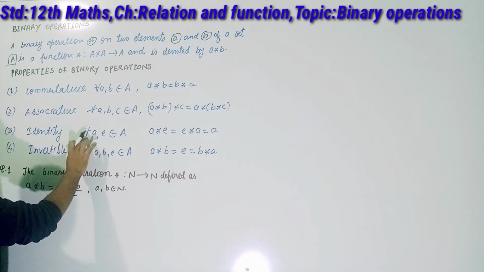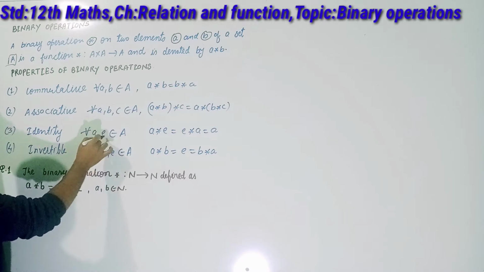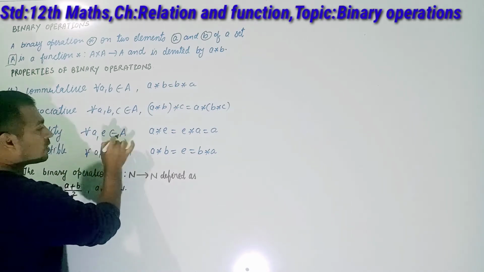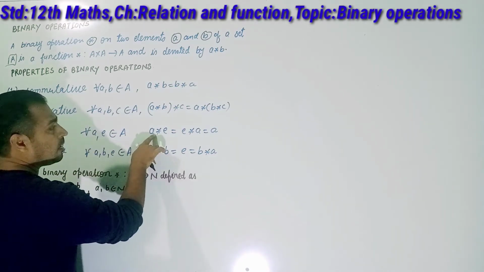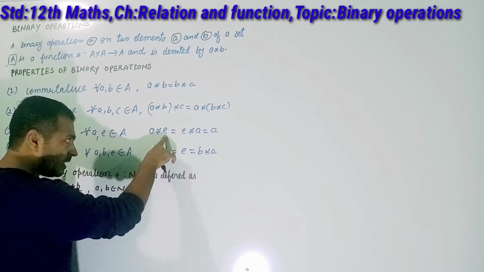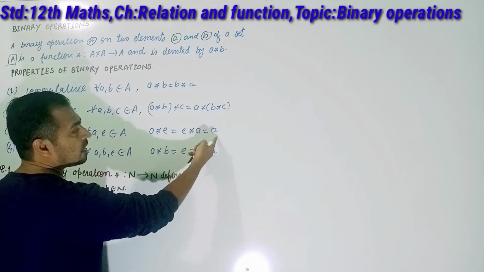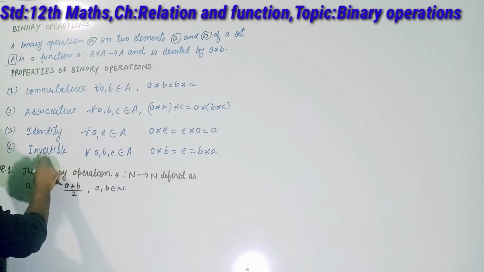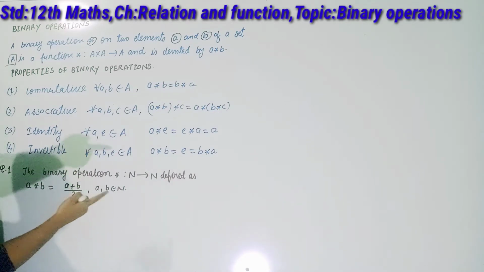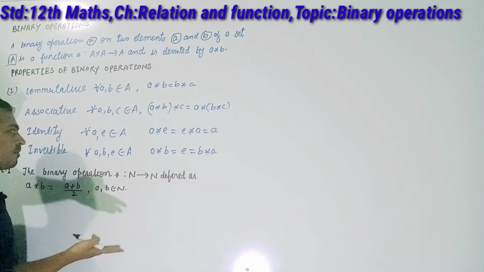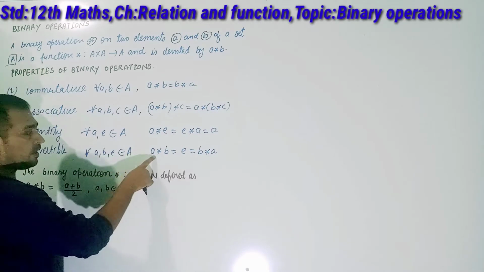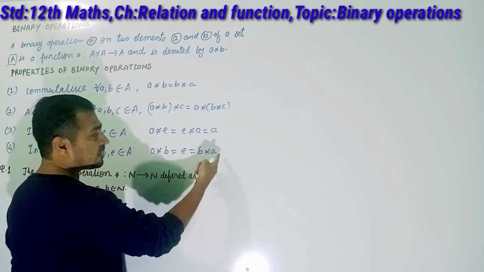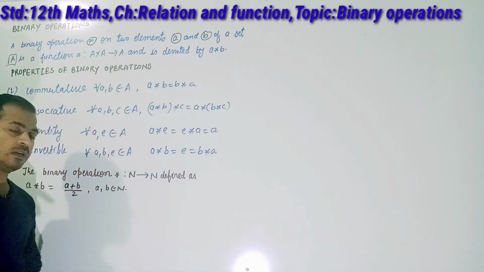Identity: for all A, E is the identity element belonging to A, then A star E is equal to E star A is equal to A. And invertible: the binary operation is invertible if A star B is equal to E and B star A is equal to E.